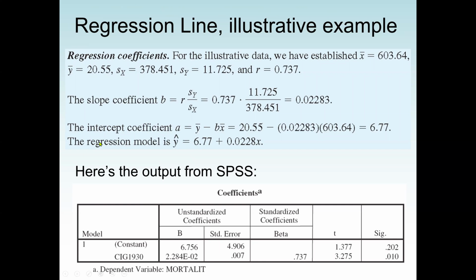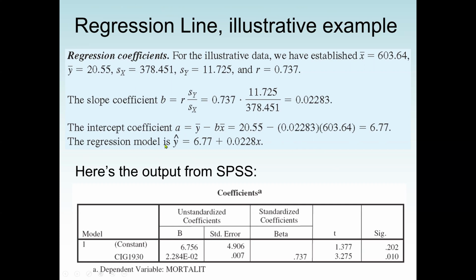Now to find the intercept, we use A equals y bar minus B x bar. Y bar is the average Y, and x bar is the average X, or the mean of X. So we get 20.55 minus the B value we found already times the x bar of 603.64, and that gives us 6.77.